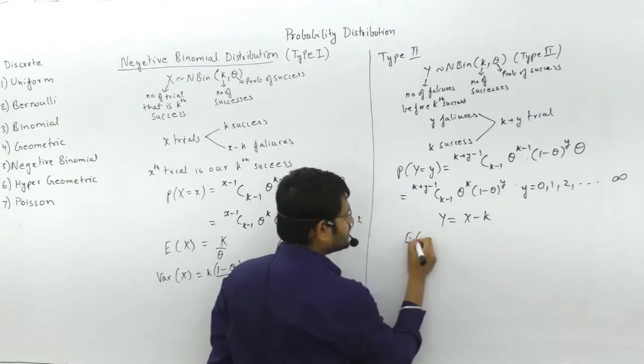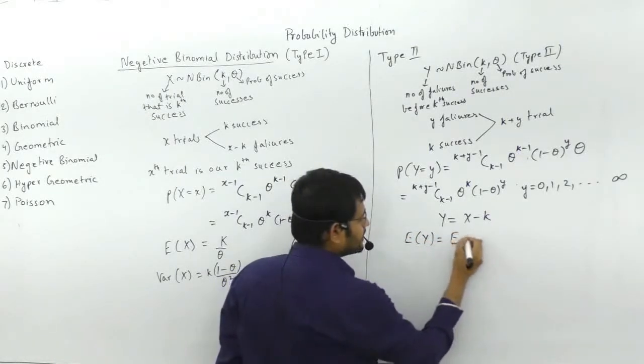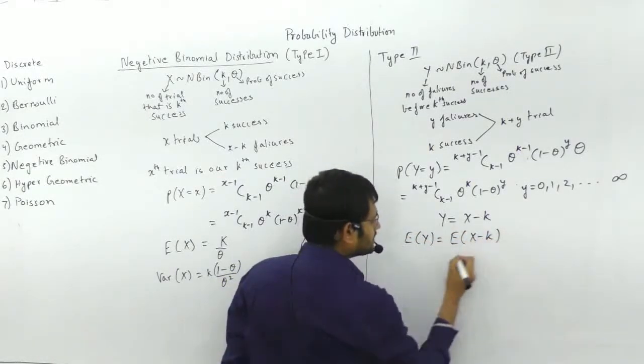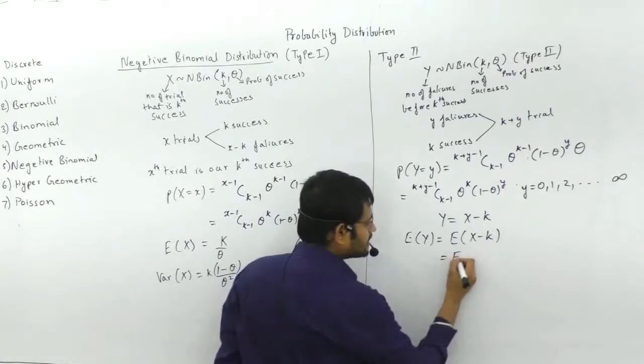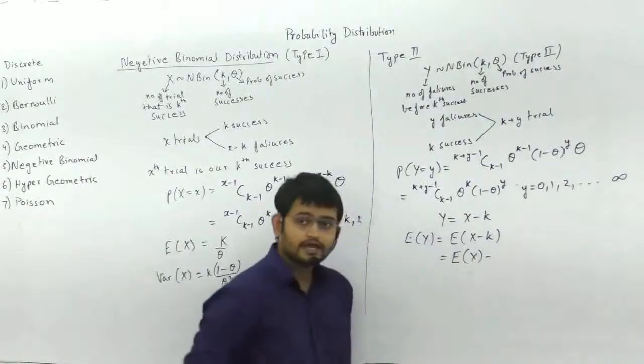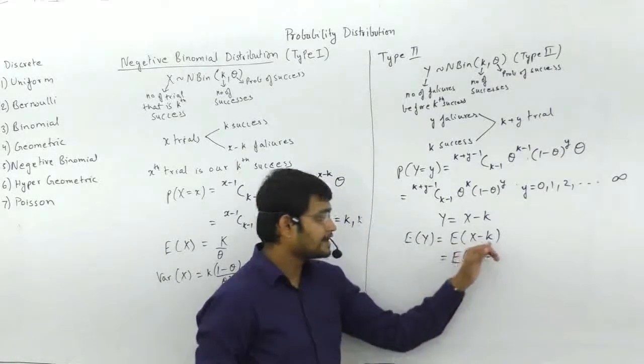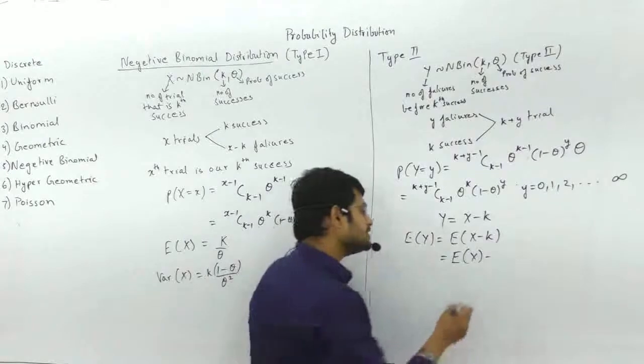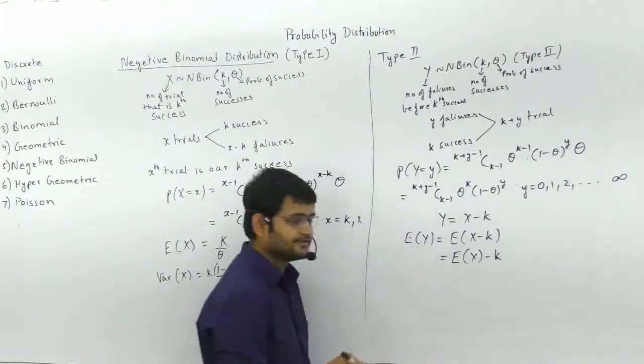Then the expected value of Y would be the expected value of X minus k. That is nothing but the expected value of X minus k, we can give individual expected values, and the expected value of a constant is the constant itself.